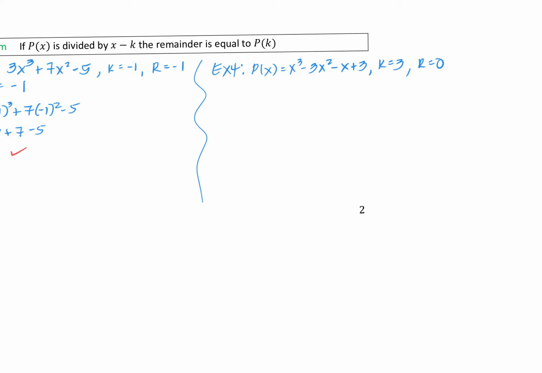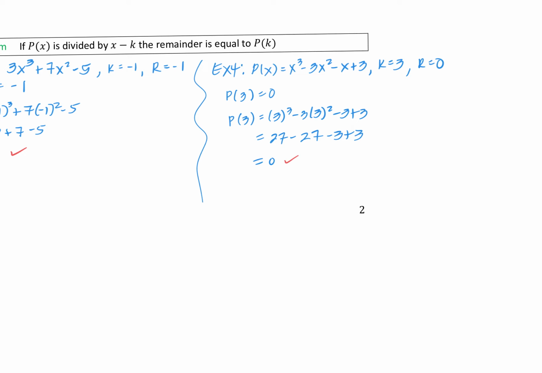So by this theorem, p of 3 should be equal to 0. If I put 3 into my polynomial, I'll get 3 to the third minus 3 times 3 squared minus 3 plus 3. That would be 27 minus 27 minus 3 plus 3, and that is 0. So it checks out. Fun little theorem.